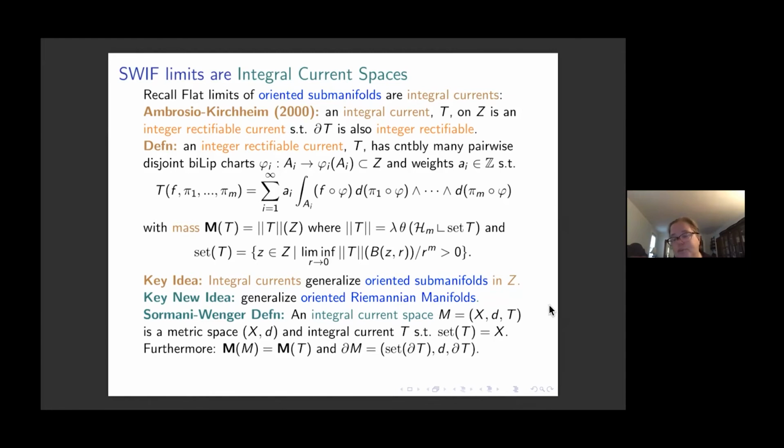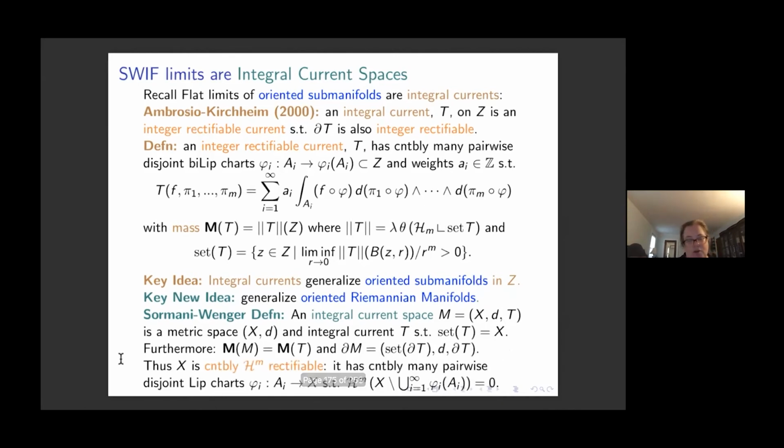But even if the original space is a Riemannian manifold, if it has two connected components for its boundary, the boundary is a single metric space, and each connected component still has distances between them where the distance travels inside M, not inside boundary M. And so this may not even have any geodesics. If all paths between points in the boundary are connected by minimal geodesics in M, this distance will actually be smaller than a geodesic distance here. All right. So X is countably H^m rectifiable, it has all these disjoint charts, and they cover almost everything.